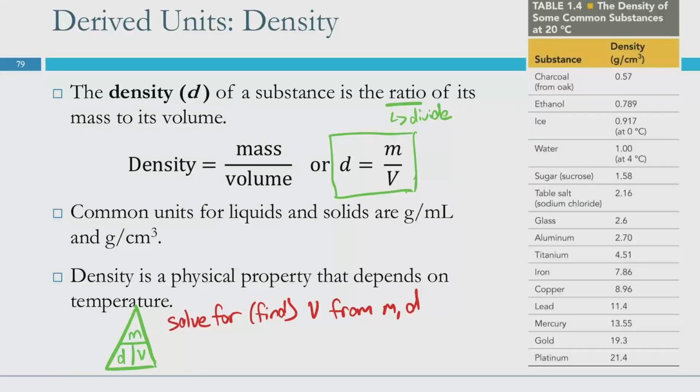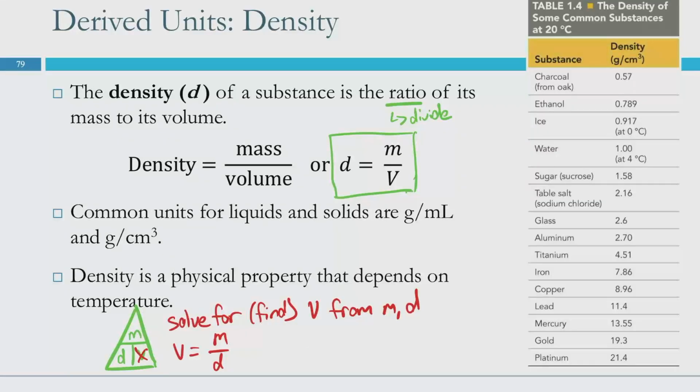So we're going to cover up the volume. Pretend like it's not there. How are the other two things related? Mass over density. So you cover up the thing that you're trying to find. You look at the other two things. Volume equals mass over density. That is the correct solve for volume.